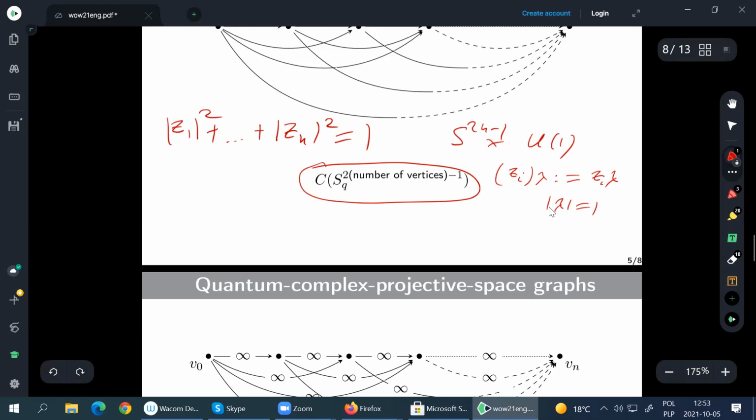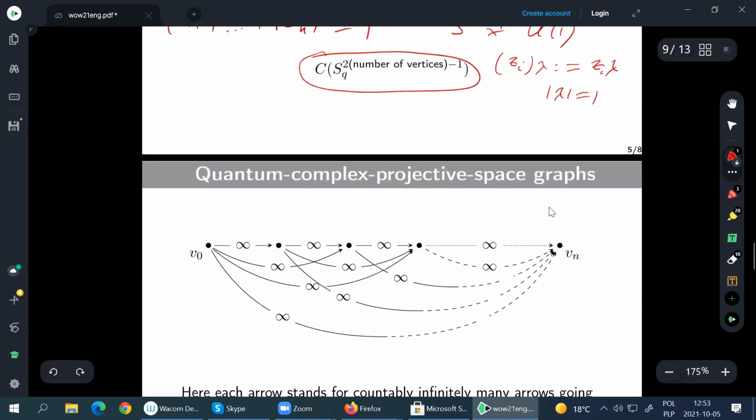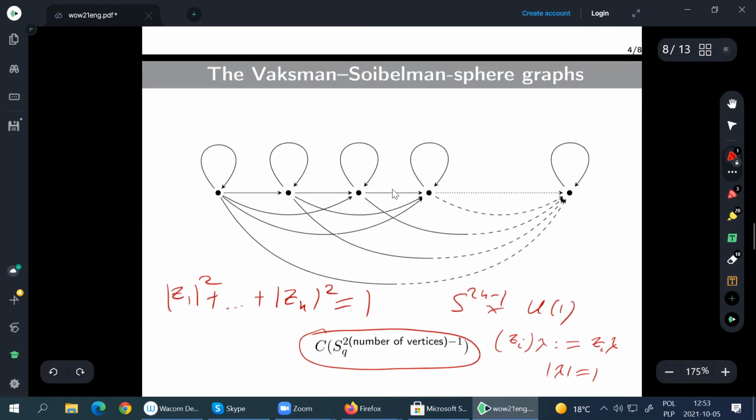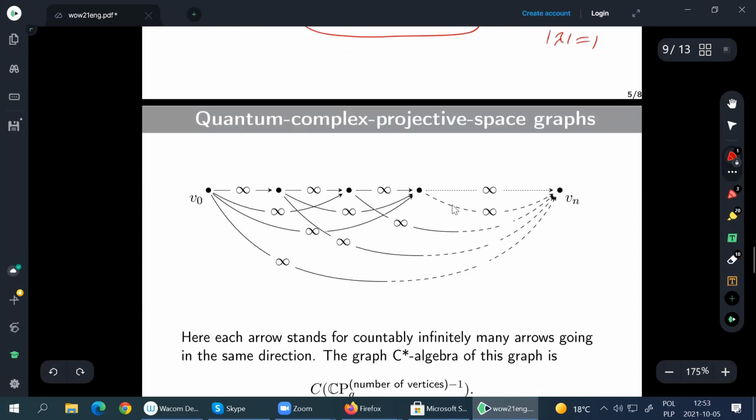And with this definition, you get another C*-algebra, but lo and behold, you can express it again in terms of a graph. But this is a different graph. This graph is acyclic. It no longer has any loops, but at the expense of being now infinite. So between every vertex, okay, let me put it this way.